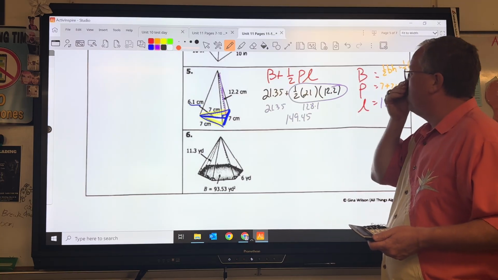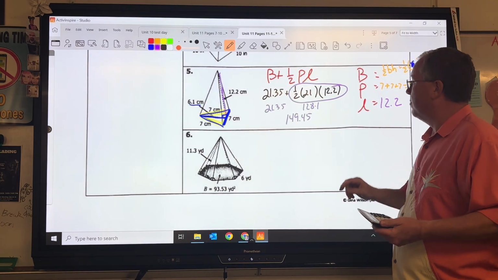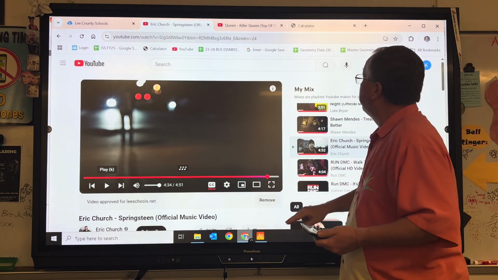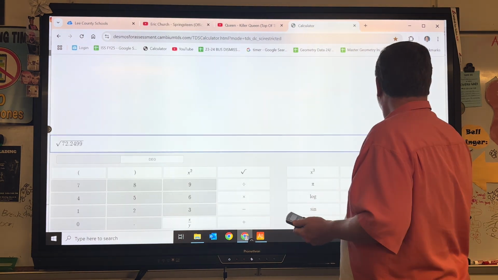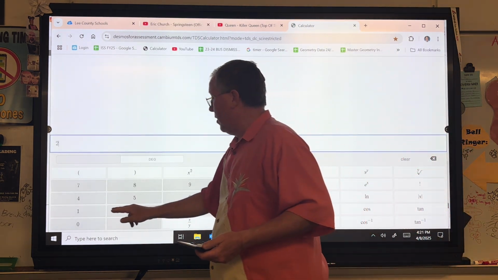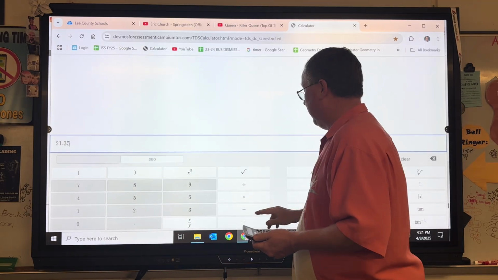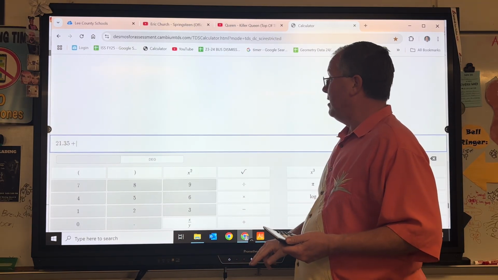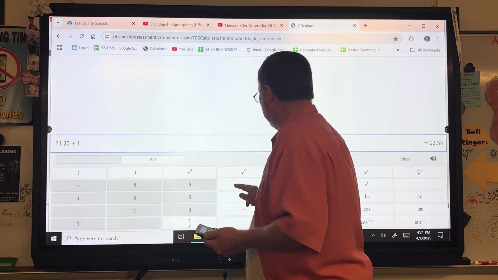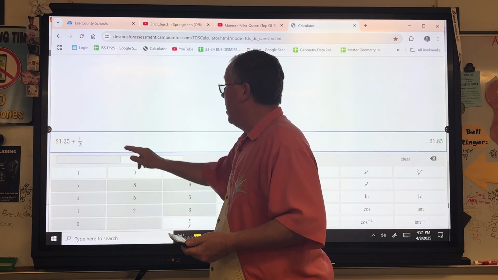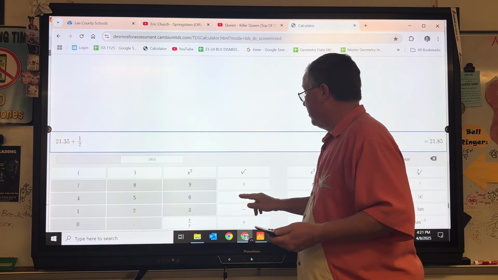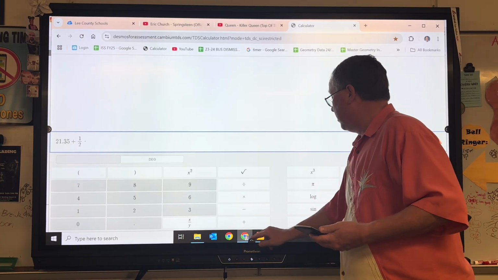Now, what I will show you real quick. It was 21.35 and it was 21 and 12.2. So I'm gonna go ahead and pull this up to show you real quick that if I clear this off and I go 21.35 and I hit plus, and then I put in 1/2, so 1 divided by 2, and I click next to that, and I go times, and what were my other two numbers? Sorry guys.